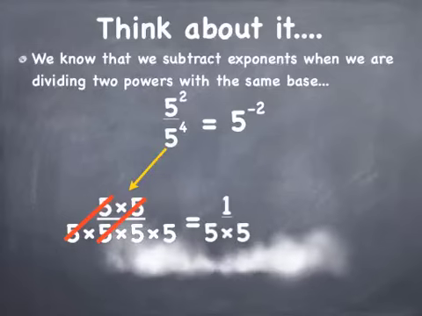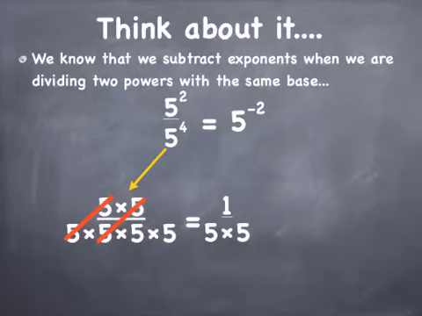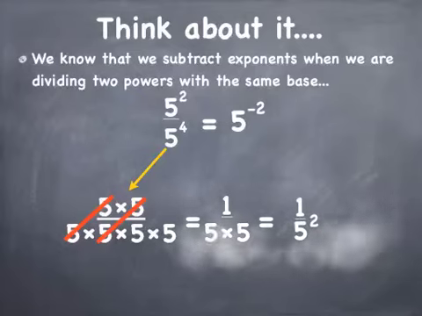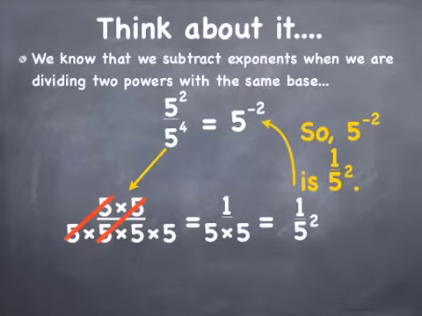So this is equal to 1 over 5 times 5. Well, 5 times 5 can be written as 5 squared, so it would be written as 1 over 5 squared. So 5 to the negative second power is equal to 1 over 5 squared.